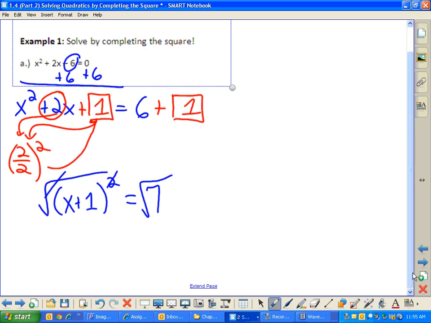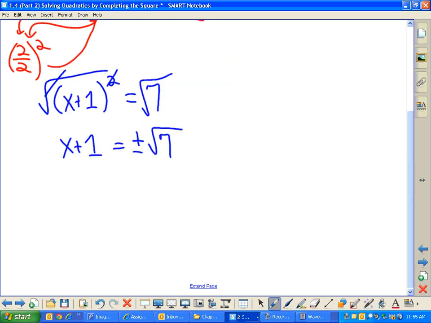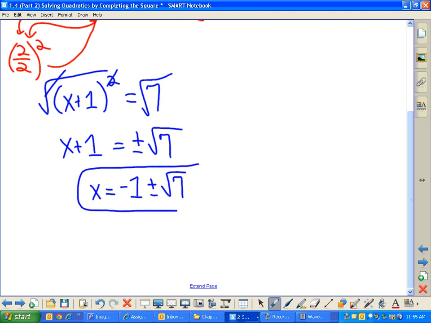So I have x plus 1 now equals plus or minus the square root of 7. Because I get 2 answers when I square root that right side. Subtract 1 from both sides. And those are your 2 answers. You have -1 plus the square root of 7, -1 minus the square root of 7.